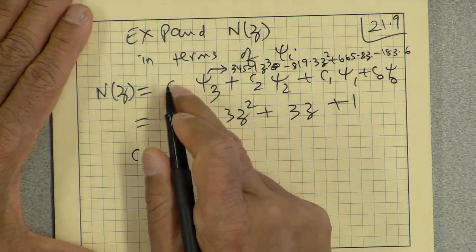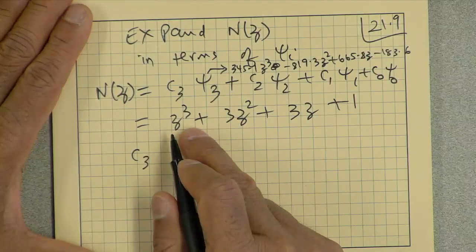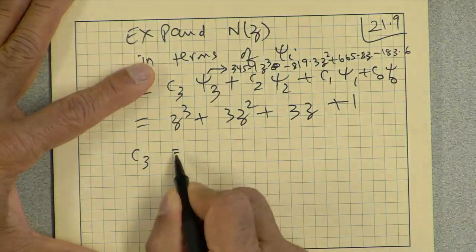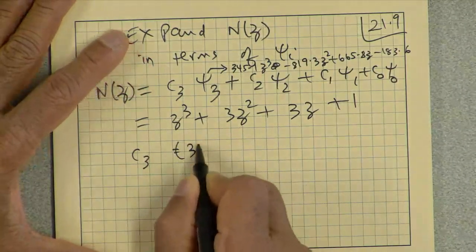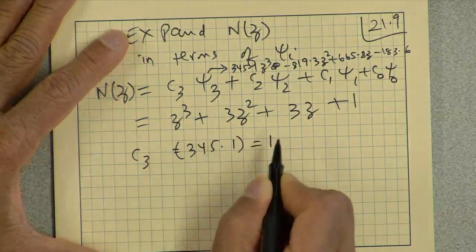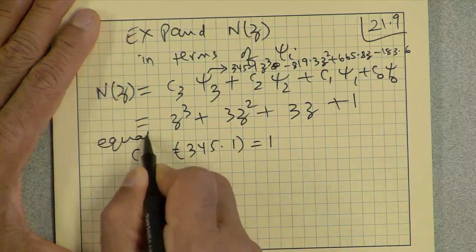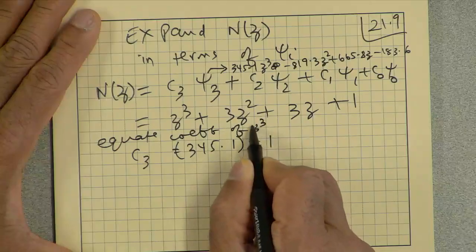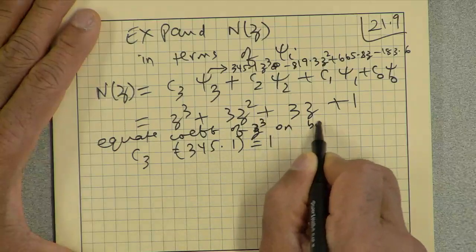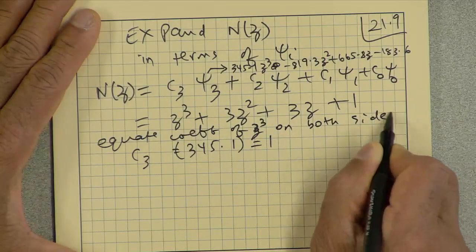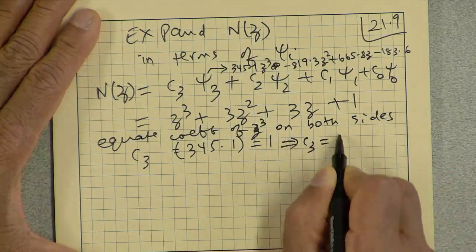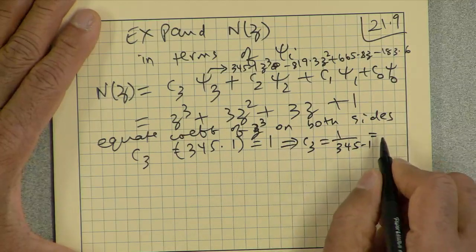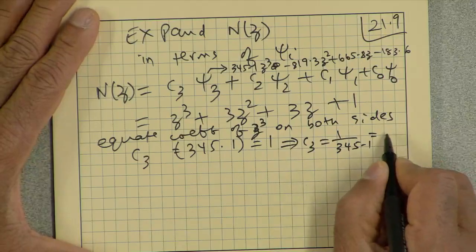C3, equate the coefficient of z cube on both sides. C3 times 345.1 is equal to 1. So C3 is 1 by 345.1, which is 0.0029.